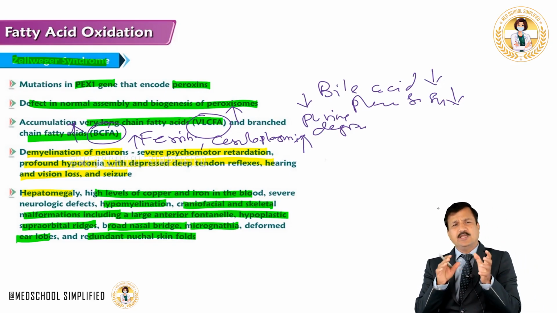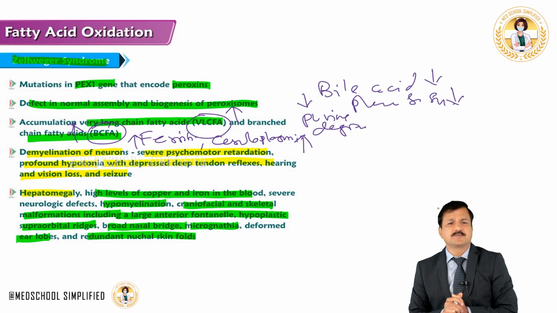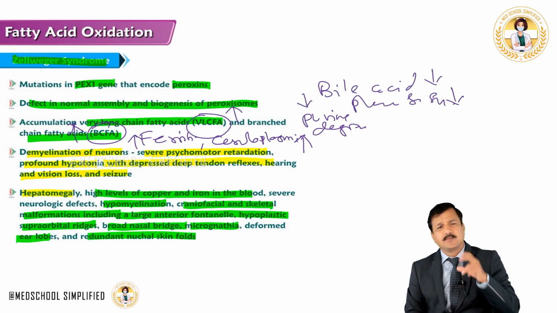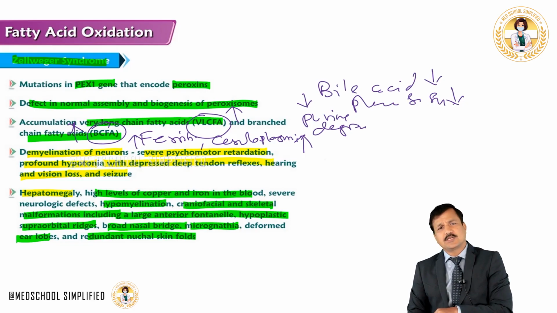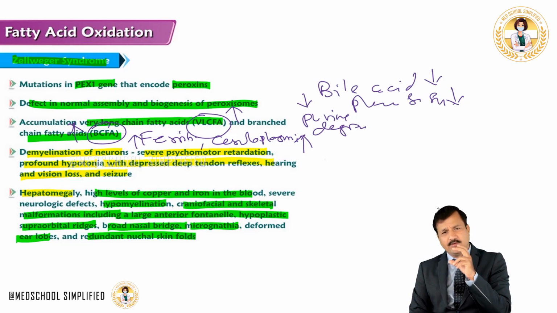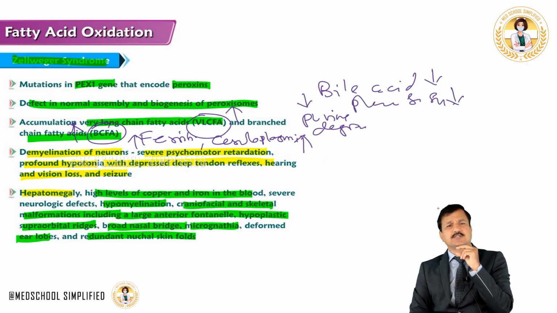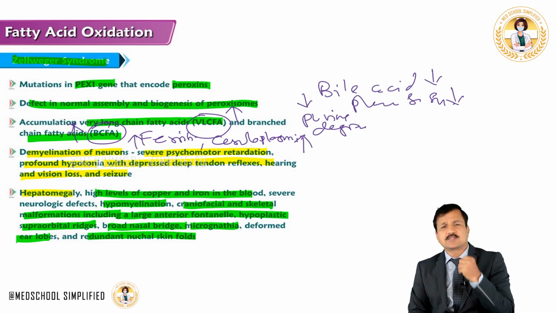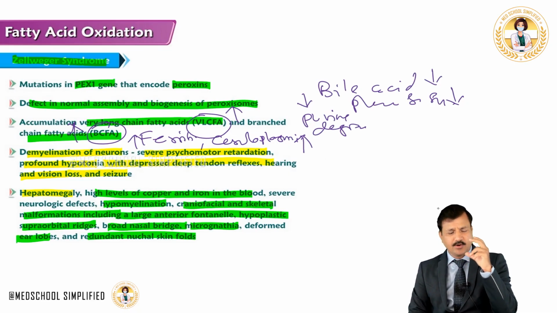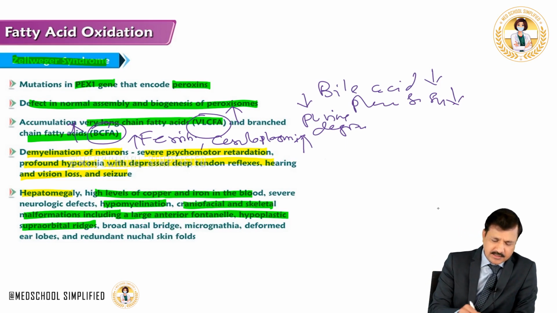So there are so many signs and symptoms associated. Most of them are neurological issues here. But most importantly, to diagnose Zellweger syndrome, rather than looking only at clinical signs and symptoms, of course neurological signs and symptoms are much higher here, but we have to look for the laboratory features of Zellweger syndrome.